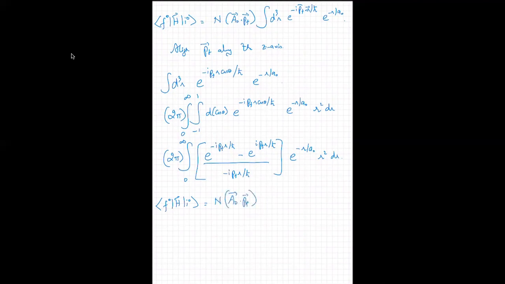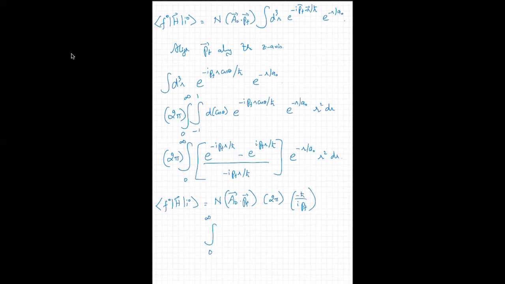That comes from the overall factor right here, times a 2 pi, times h bar over i pf, all of these outside, times the integral from 0 to infinity.